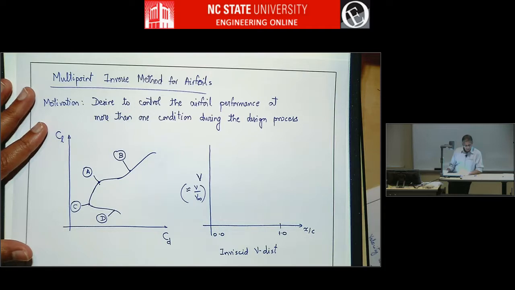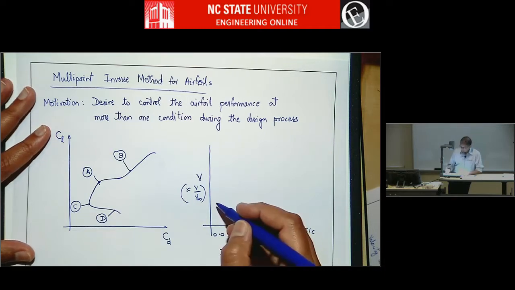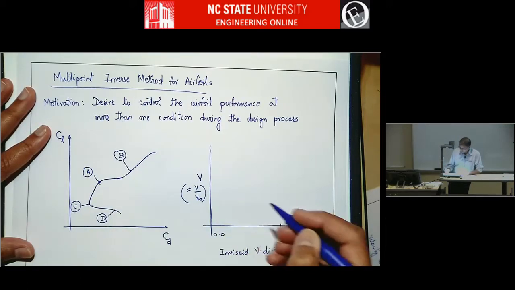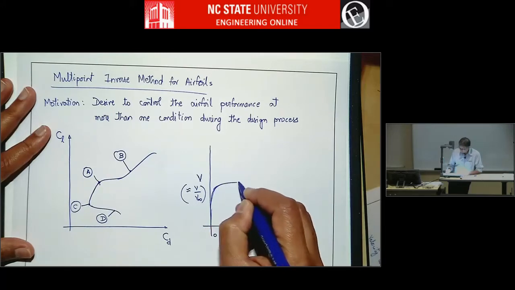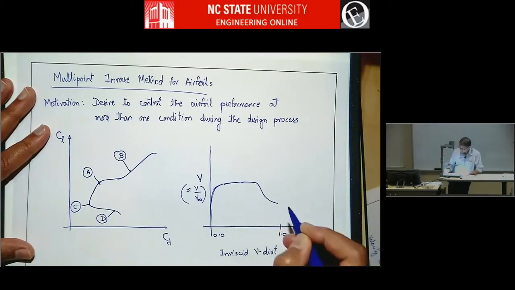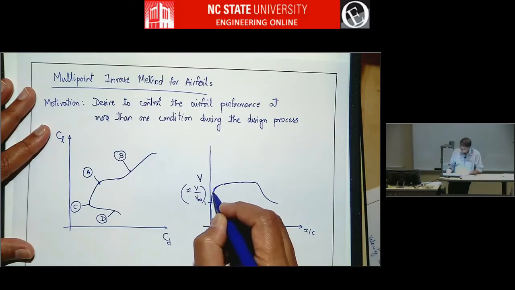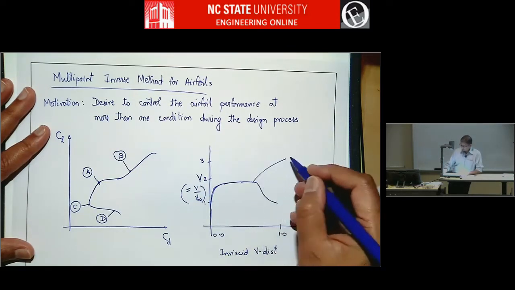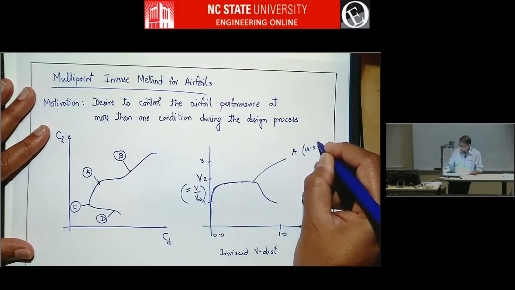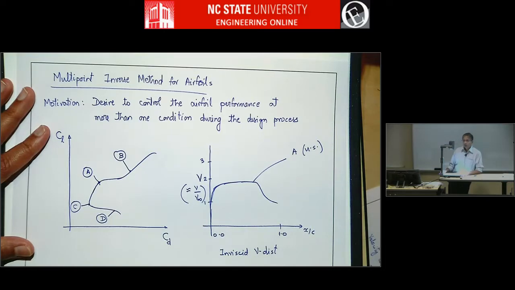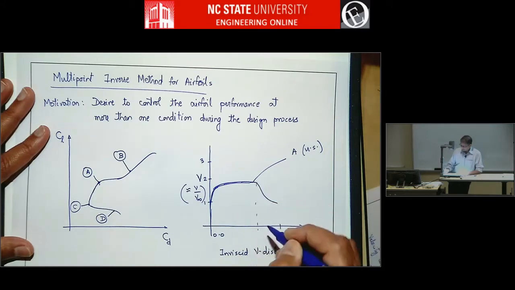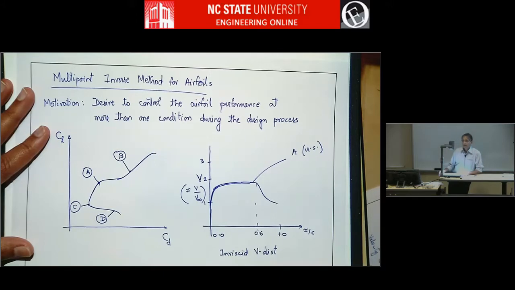Okay, so let's take the upper surface velocity distribution at A. That will probably look like this. So this may be, for example, the upper surface velocity distribution for A. And at this velocity distribution, you have favorable gradient to maybe 60% of the chord, right?